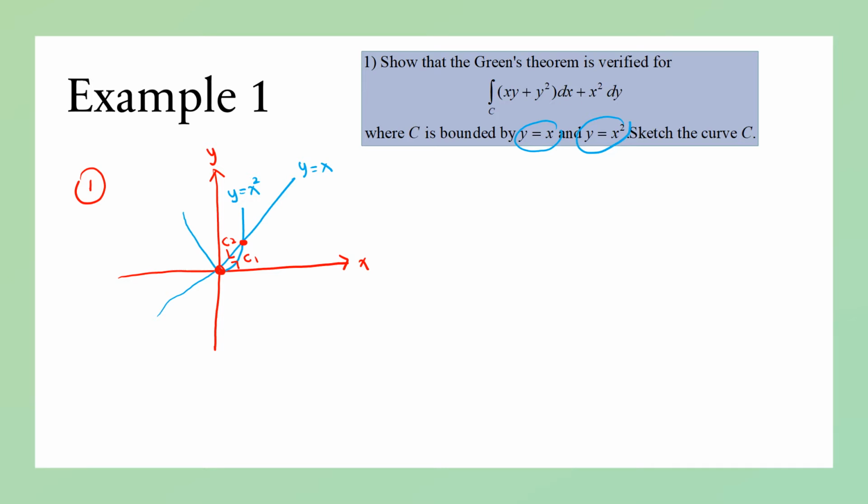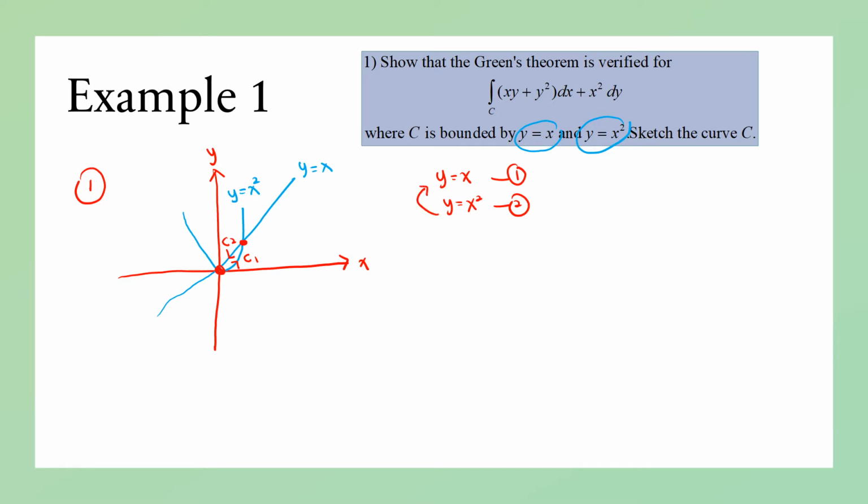Okay, how to find the intersection point here? So you have to do a simultaneous equation. Okay, we have y equal to x and y equal to x squared. So you can label it as equation 1 and this is equation 2. So you can substitute 2 in 1.